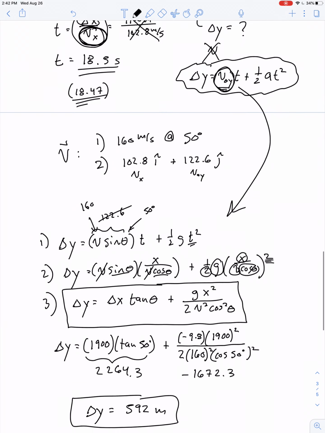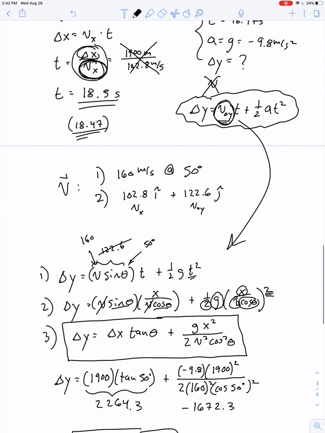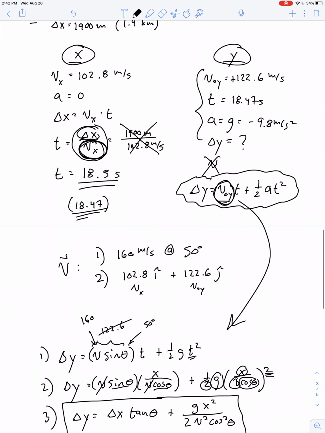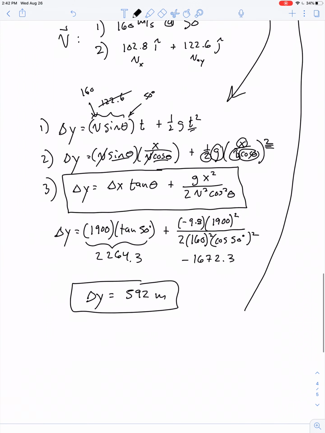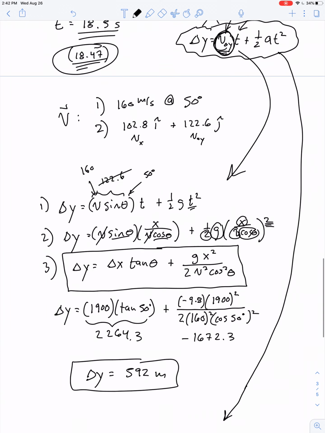Let's just see if that's the same thing we would have got if we did this step by step. So here we already know that t is 18.47 seconds, and we already knew that Vy was 122.6 meters per second. So if we try this as a more direct approach, we can double check our work.